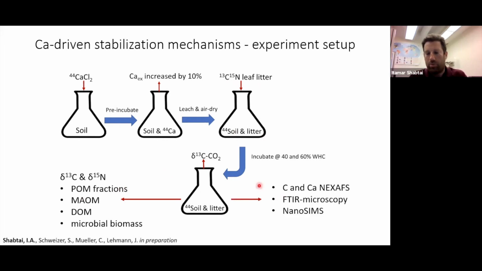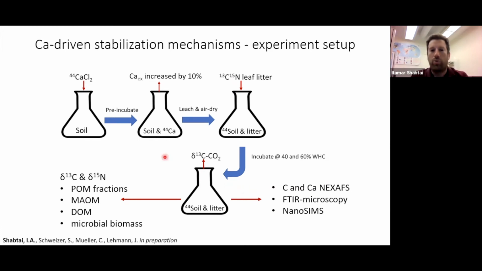And we also sent out samples for carbon and calcium NEXAFS. We did FTIR microscopy to try to get some spatial distribution of minerals and organic matter across these samples. And we are also hopeful to get some NanoSIMS images in the summer. NanoSIMS is basically a type of scanning electron microscope that can also identify and measure the relative abundance of different elements.